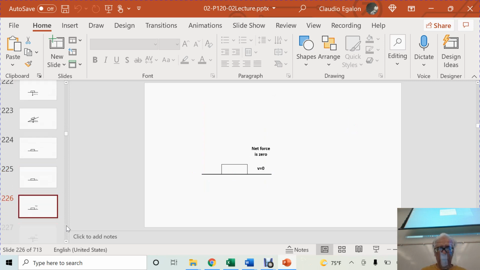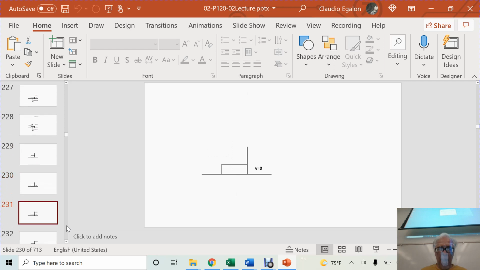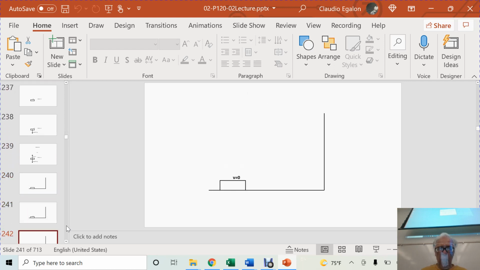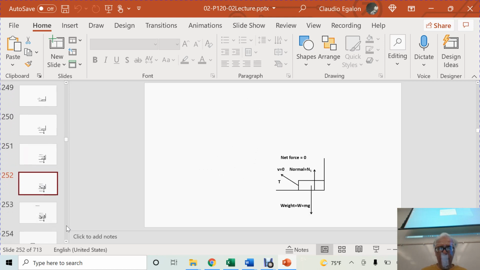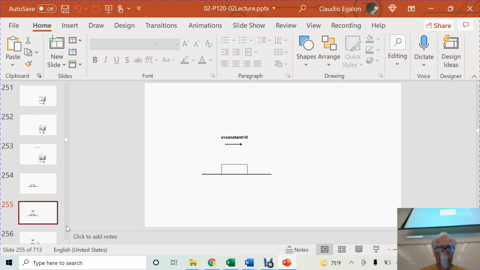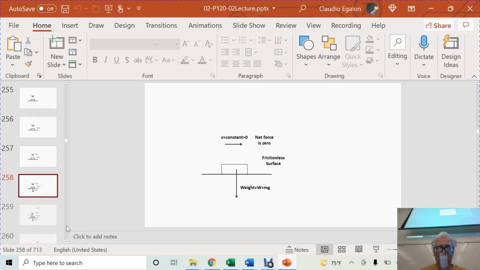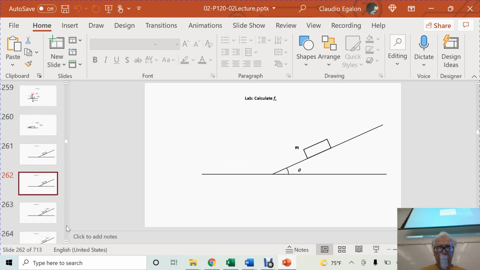Take a look at this one. Tension. I put an applied force there. Frictionless surface, frictionless surface. Okay, now, let's do this one here.